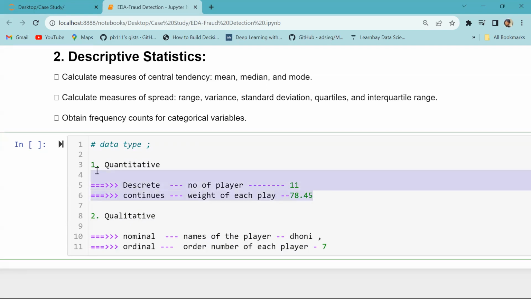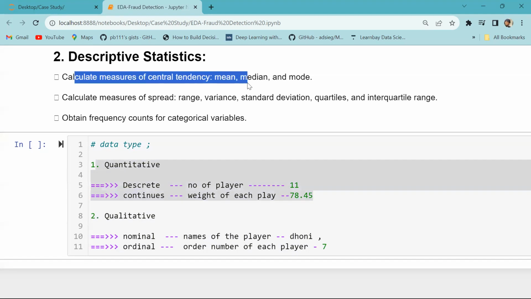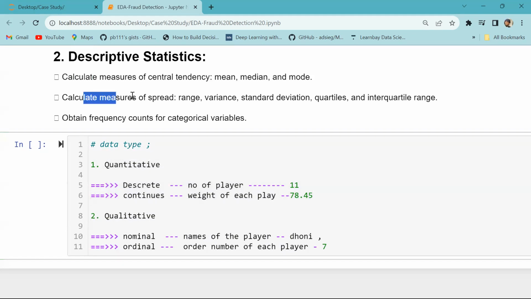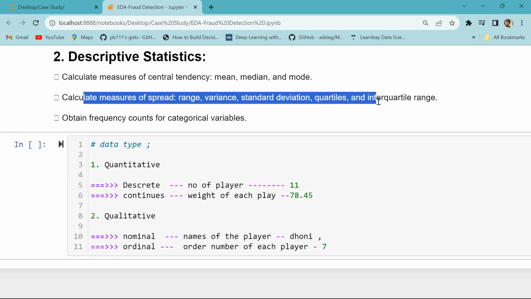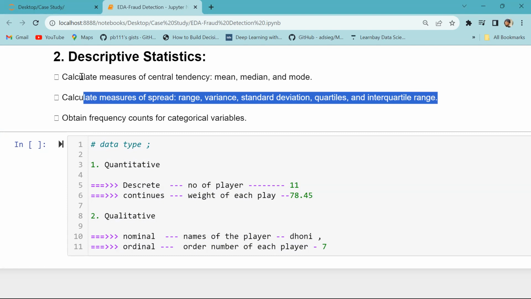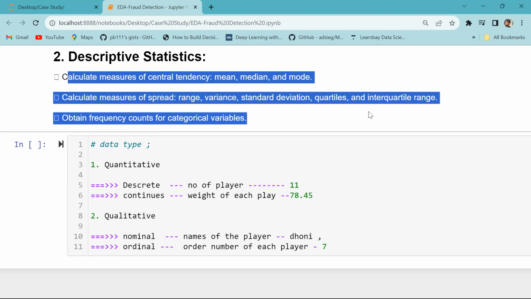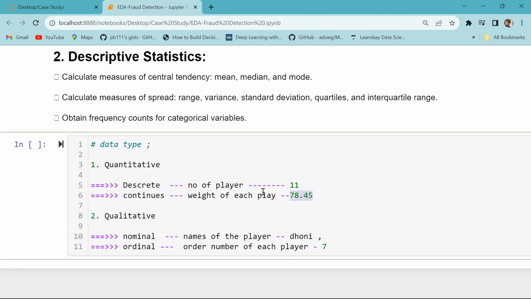When the data is quantitative, we can do these measures. We can also calculate range, variance, standard deviation, quartile and interquartile range. All of these we can calculate with descriptive statistics, on top of your quantitative data.